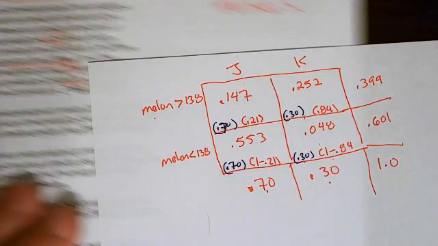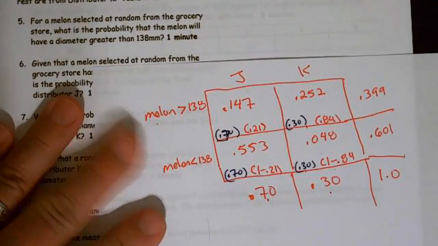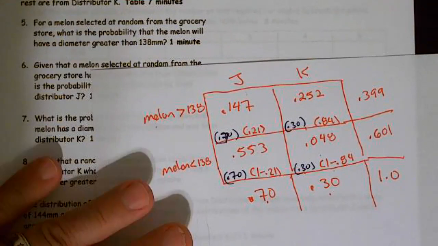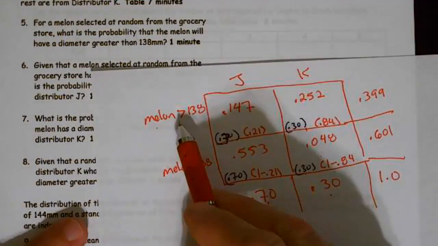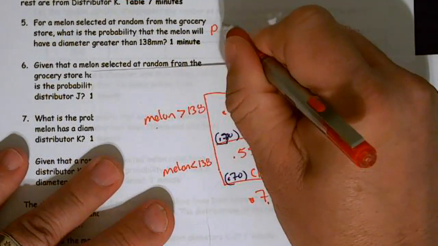For a melon selected at random from the grocery store, what is the probability the melon will have a diameter greater than 138? Oh, that's easy. Once again, we have to have this introduction.